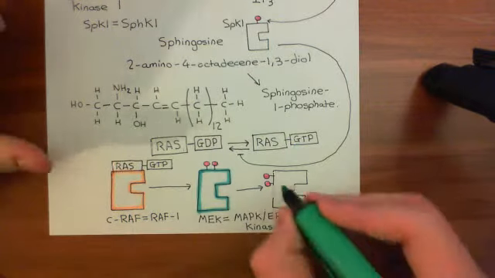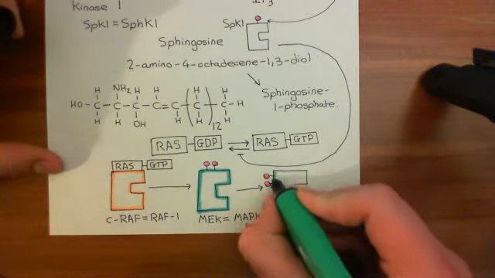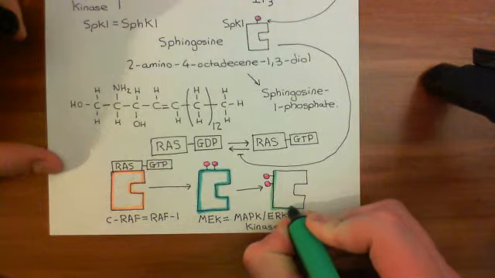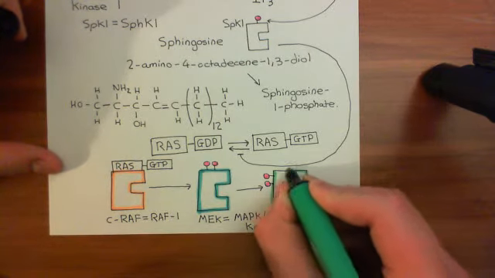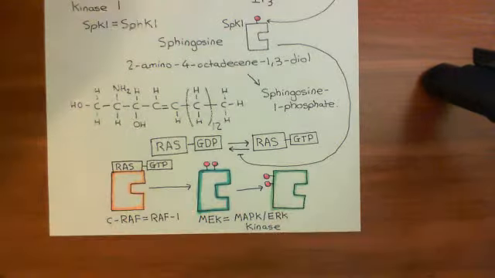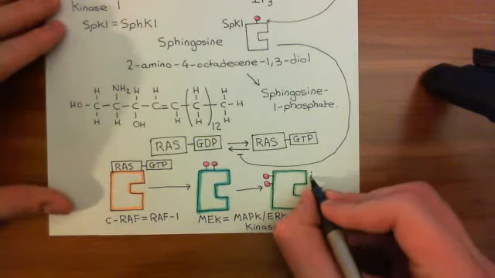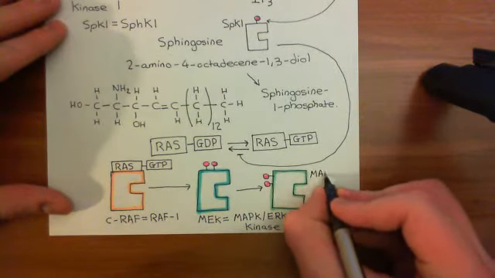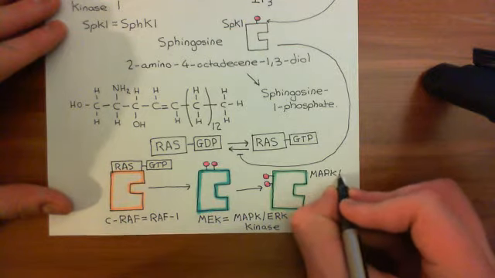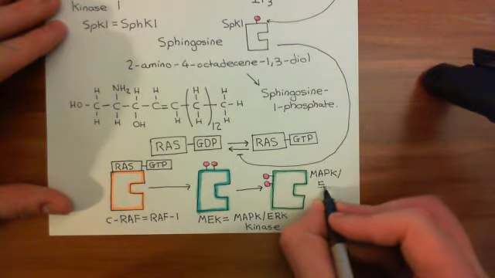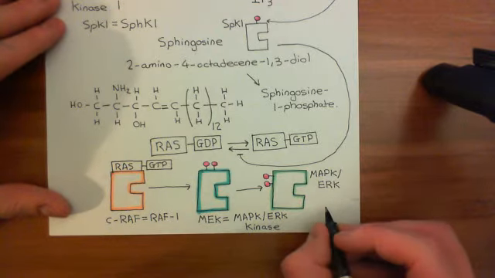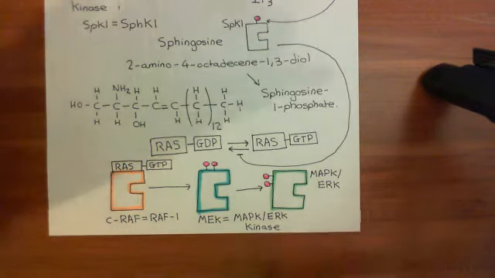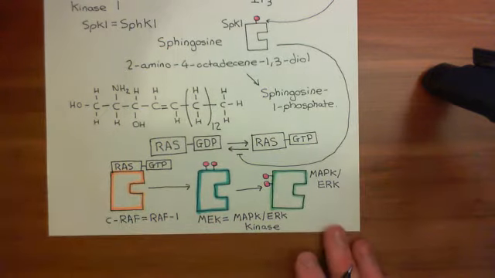Well, this final enzyme is called MAP kinase or ERK. Okay, so we'll discuss what those 2 names actually stand for. So, you can either call it MAPK, which stands for mitogen activated protein kinase, or you can call it ERK, which stands for extracellular signal regulated kinase. Okay, so let's go over the page and talk about these silly names.